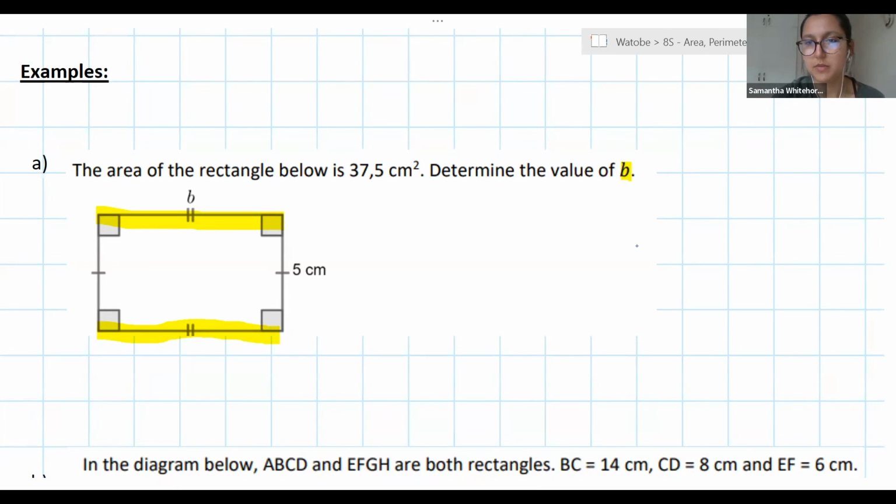Give everyone another minute. Remember, it is B, so it's a length. It's just one dimension. So remember your units.